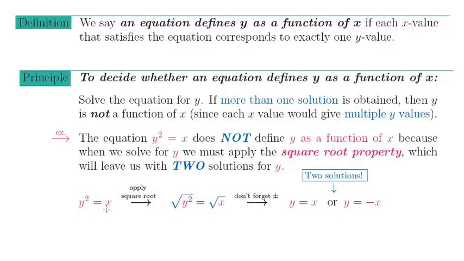Y squared equals x, after we apply the square root property, gives us y equals positive square root of x or y equals negative square root of x. This means there are multiple values of y that pertain to the initial value of x. And this means our original relation, y squared equals x, is not a function.